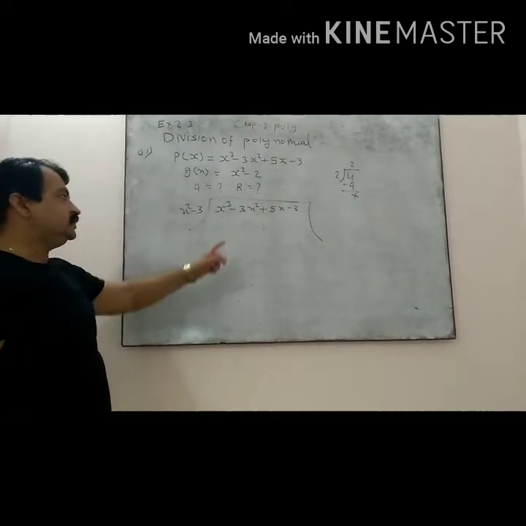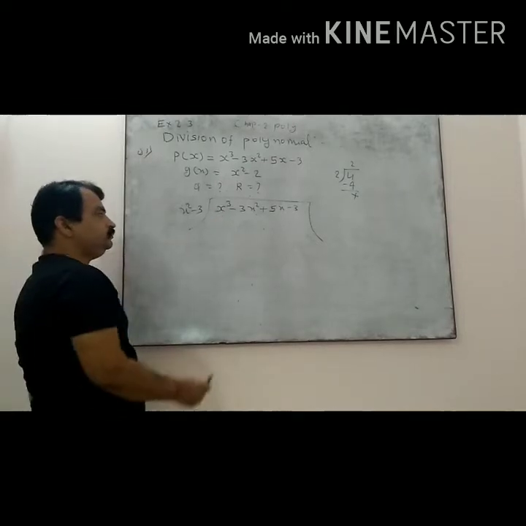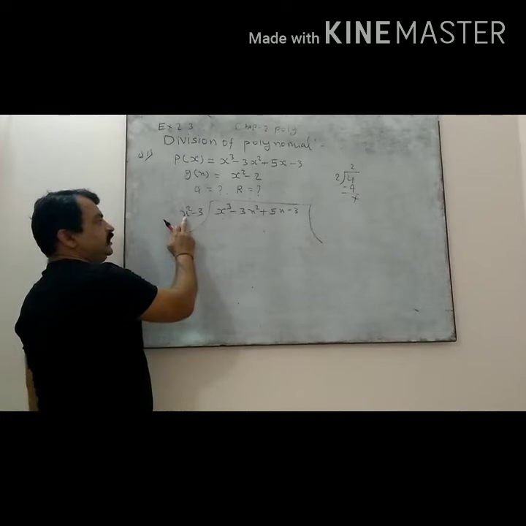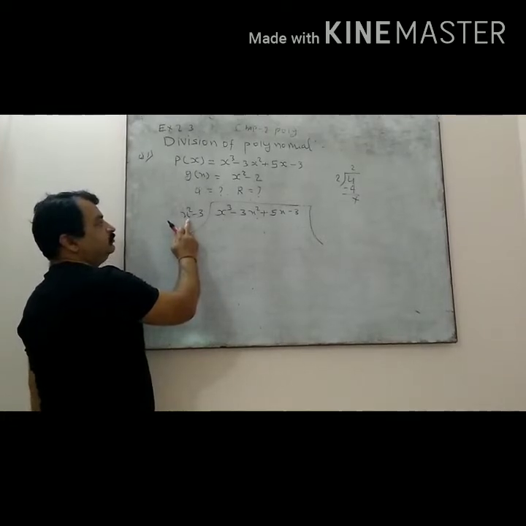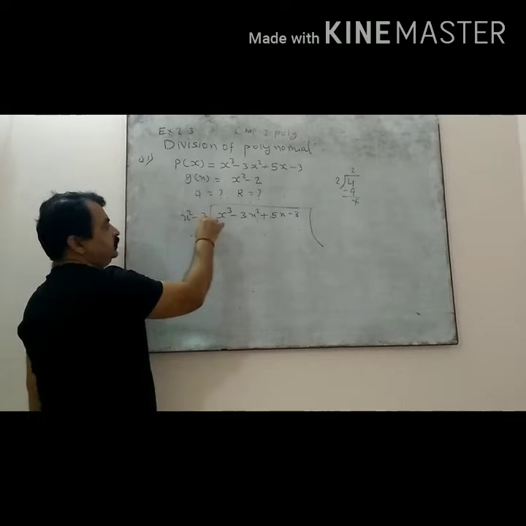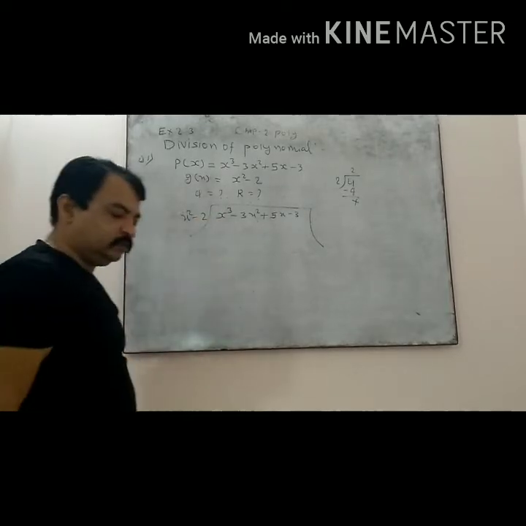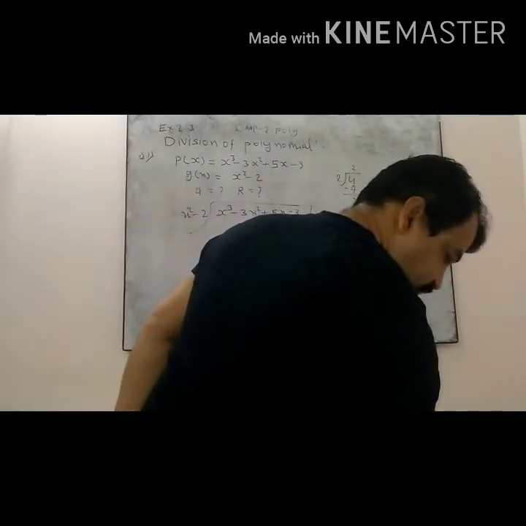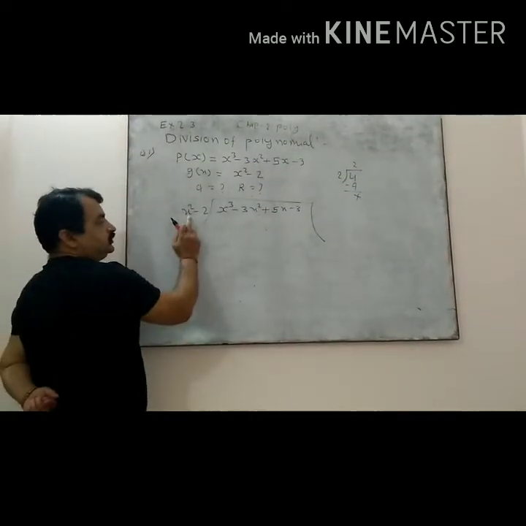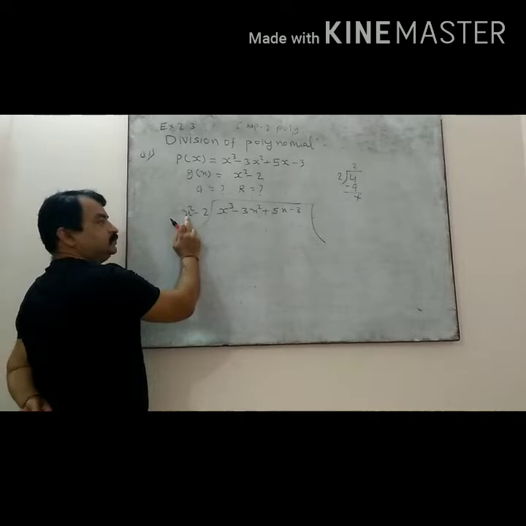Of course, this is a cubic polynomial, so one by one we remove the term. See, what is the divisor here? The divisor is x square minus 2. Now see the first variable, x square.